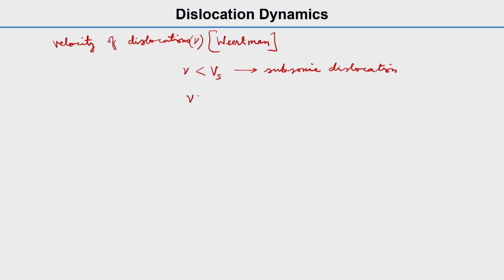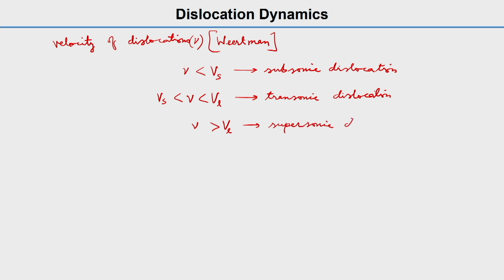If it is higher than the shear wave velocity but lower than the longitudinal wave velocity, then it can be called transonic dislocation. And if the dislocation velocity is higher than Vl, then we call it supersonic dislocation.